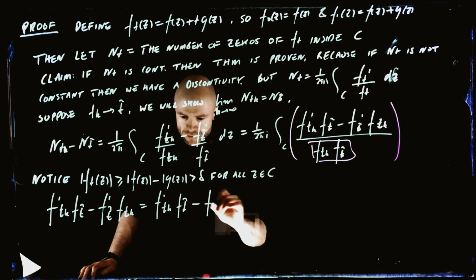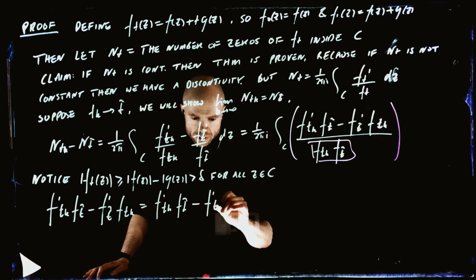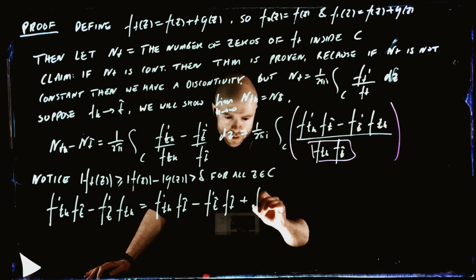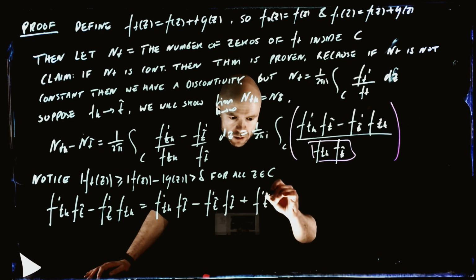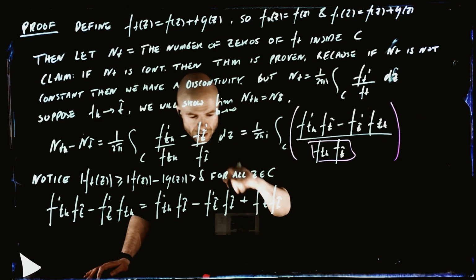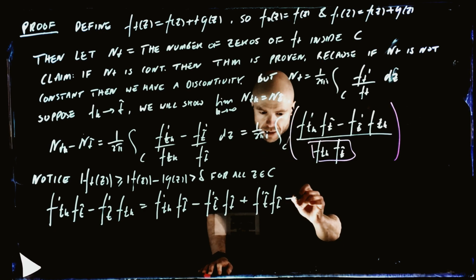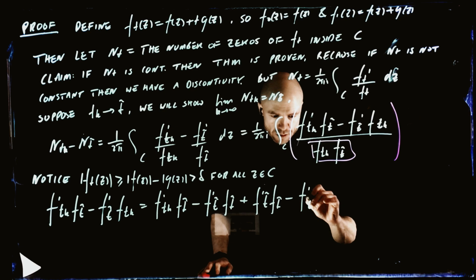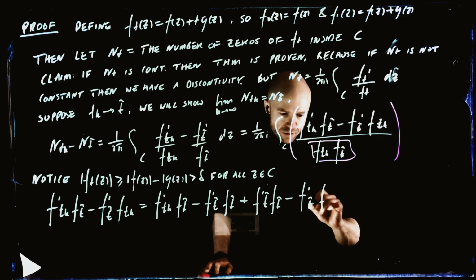Let's write f prime of t tilde, f of t tilde, and then let's write plus f prime of t tilde, f of t tilde. So we'll have plus minus, we'll kill these guys, and then minus this thing, f prime of t tilde, f of tk.